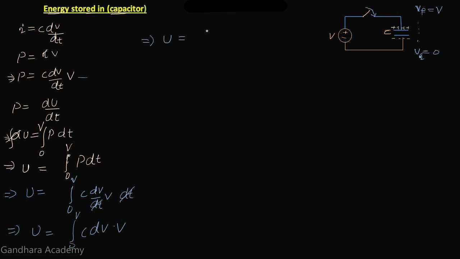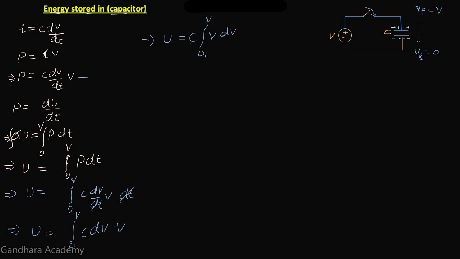We can rearrange this equation. The energy is equal to C, which in this case is the capacitance of the capacitor and is constant. So we can write C outside the integration, and the limits are 0 to V, of V into dV.